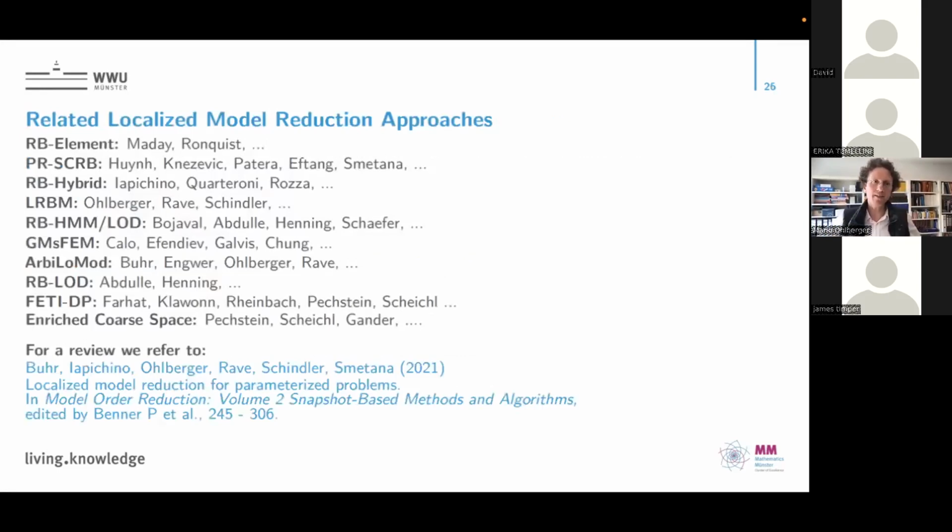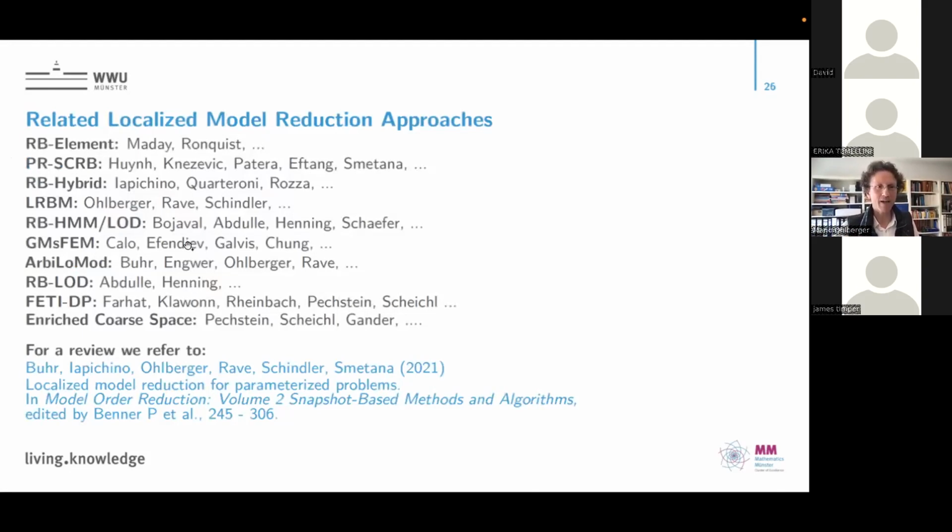In this context, related to model order reduction, there is a huge activity on different methods that can be used for forward problems. Here, for instance, I refer to the reduced basis element, to the port-reduced methods, but also hybrid methods.